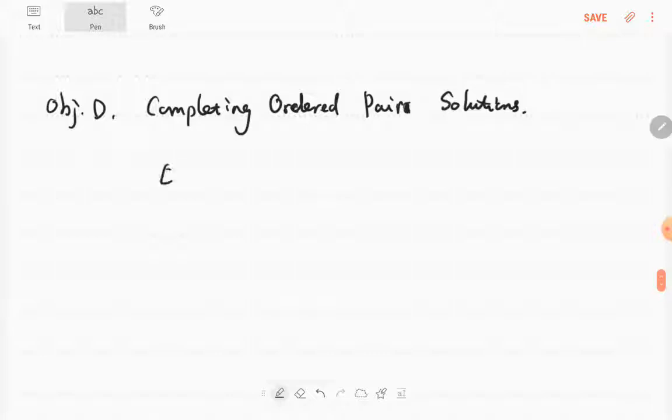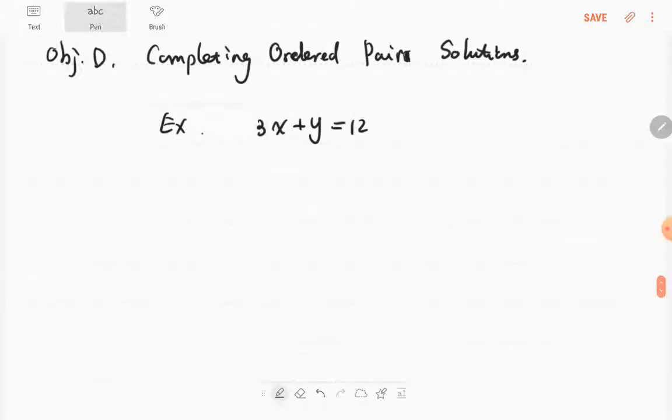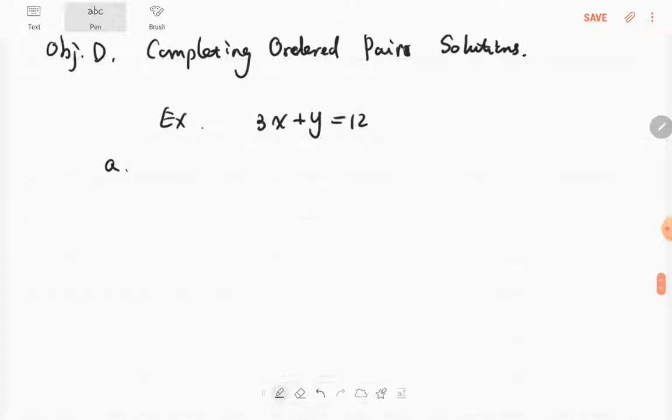For example, we have this equation. And we have several paired numbers, but they are not complete, not complete pairs, right?